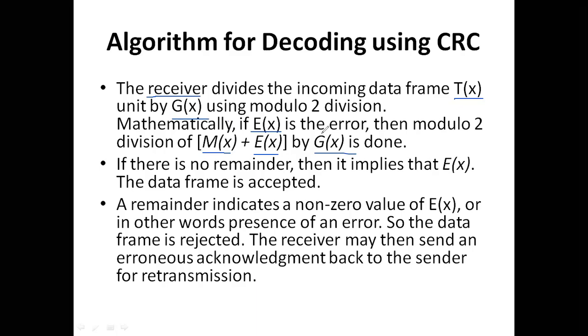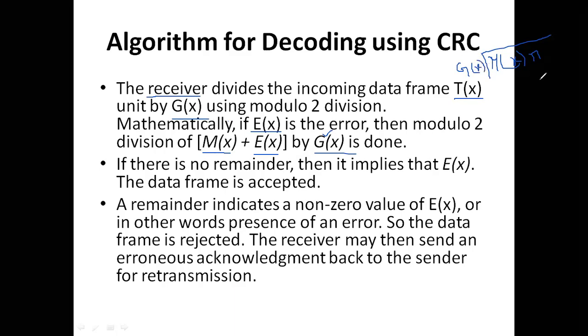The same polynomial we have to take, but the receiver will take m of x along with the r bits, that is the remainder bits. Again dividing by g of x.